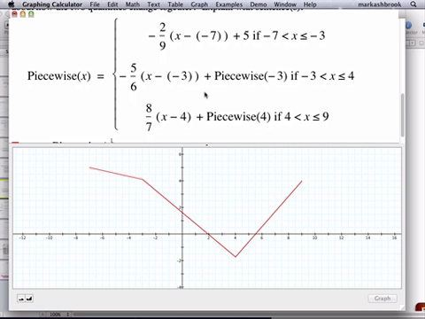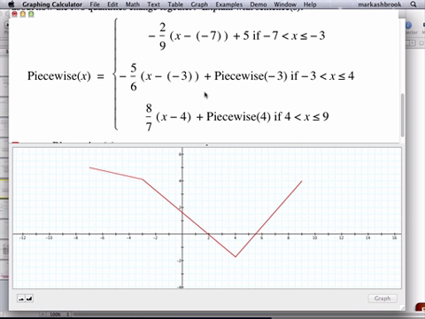This is the piecewise function. So if I put, say, 0 into this function, which line is it going to invoke? Which line? I put 0 in for x.